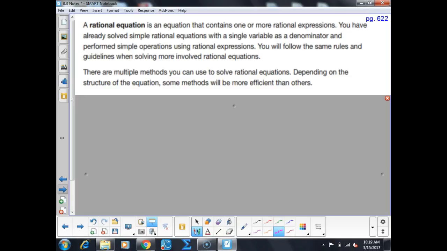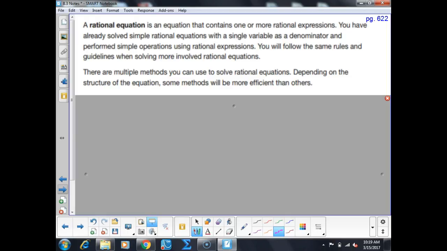What is the only thing that you can do with a rational expression? Cross multiply? No. Can't cross multiply a rational expression. What's the only thing you can do with a rational expression? Simplify. That's it. That's what you've been doing up to this point. You've been dealing with rational expressions.